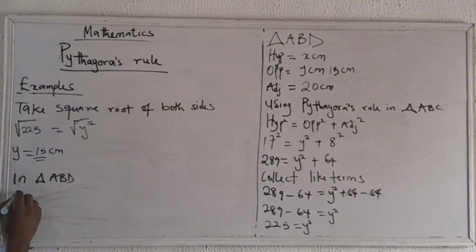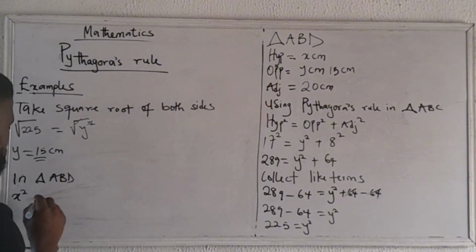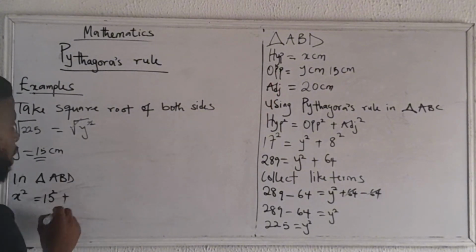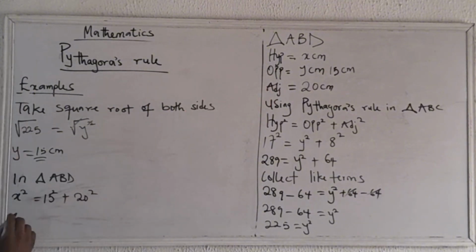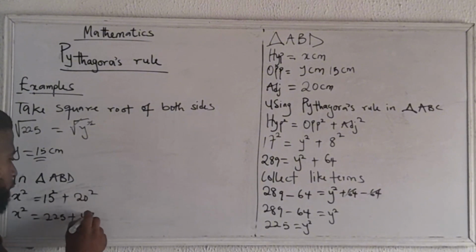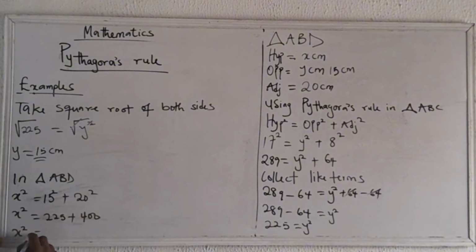Hypotenuse square, which is x square equal opposite now is 15 square plus adjacent is what? 20 square. So we say x square is equal to 15 square is 225 plus 20 square is 400. So we say x square is equal to 625, right?